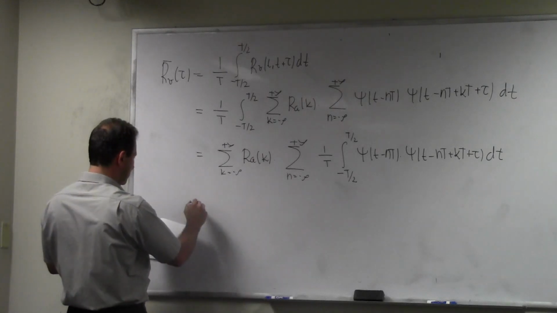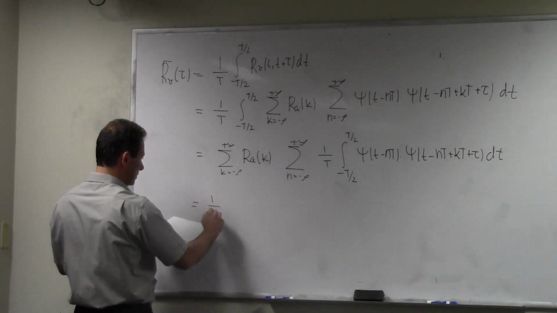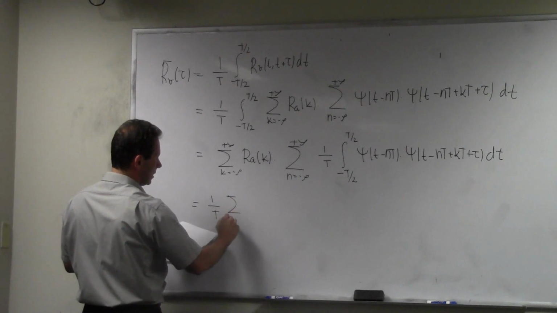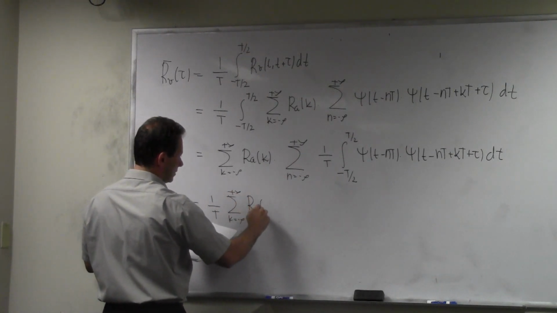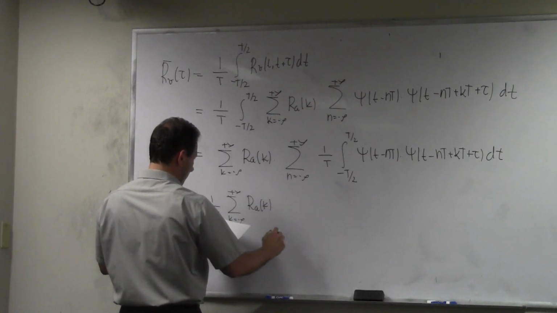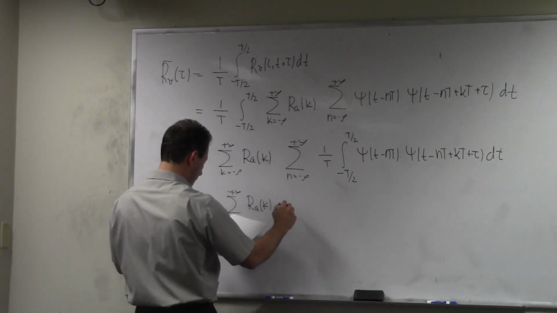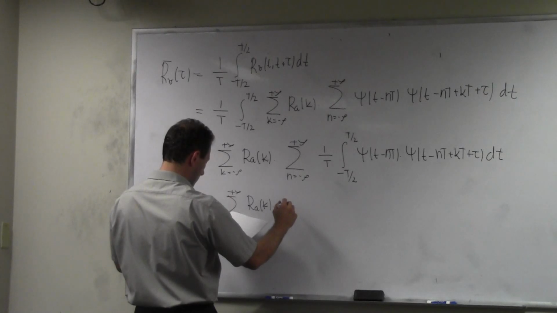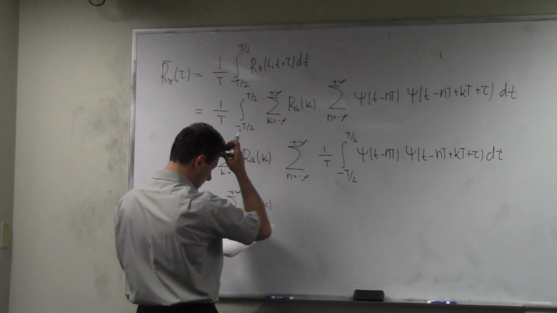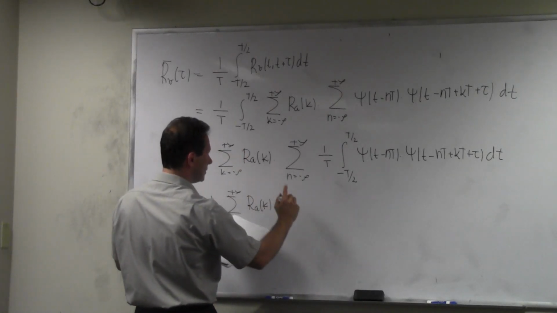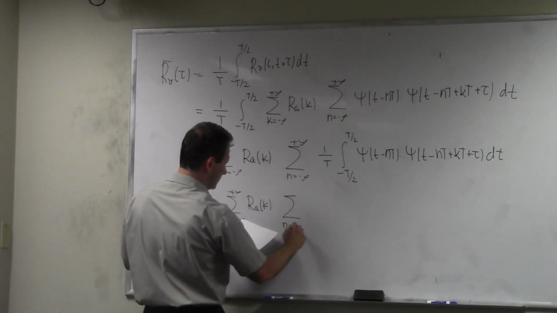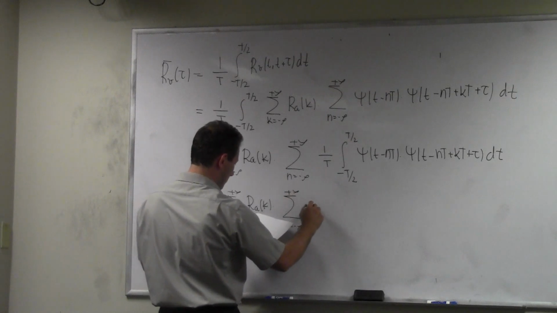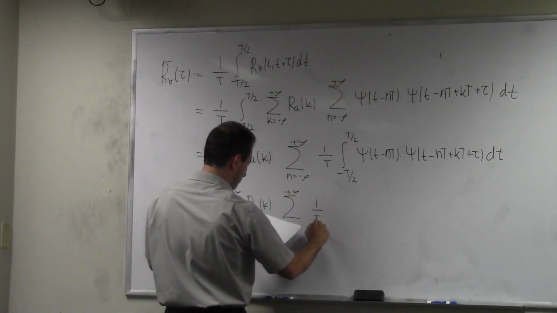And this is equal to 1 over T, sum k goes from minus infinity to plus infinity, R_a of k. And then again, okay, so now it's here. So this becomes the sum when n goes from minus infinity to plus infinity, 1 over T.